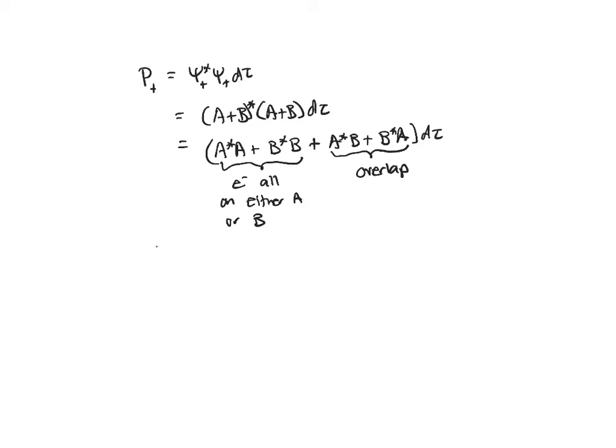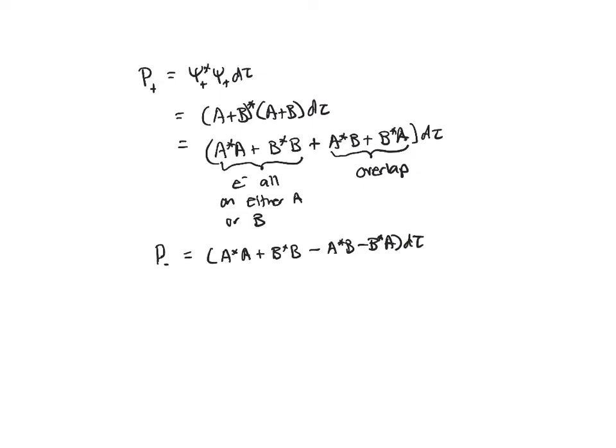If we do the same thing and look at the probability for the linear combination where we subtracted the two orbitals, we will find that this is equal to A star A plus B star B, same as above, but now our overlaps are negative.